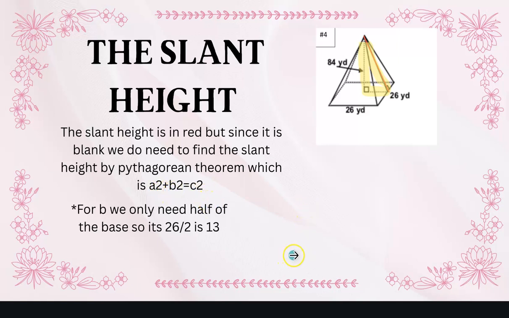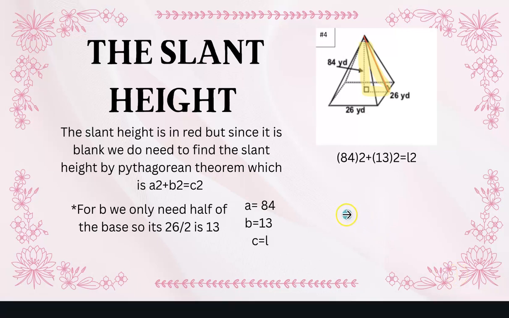For b, we only need to use half of the base, which is 26 divided by 2, which is 13. So that's where the 13 is going to come from. For a it is 84, which we're going to use this side right here. And b is going to be half of the base, and then c is what we were looking for, which is L.